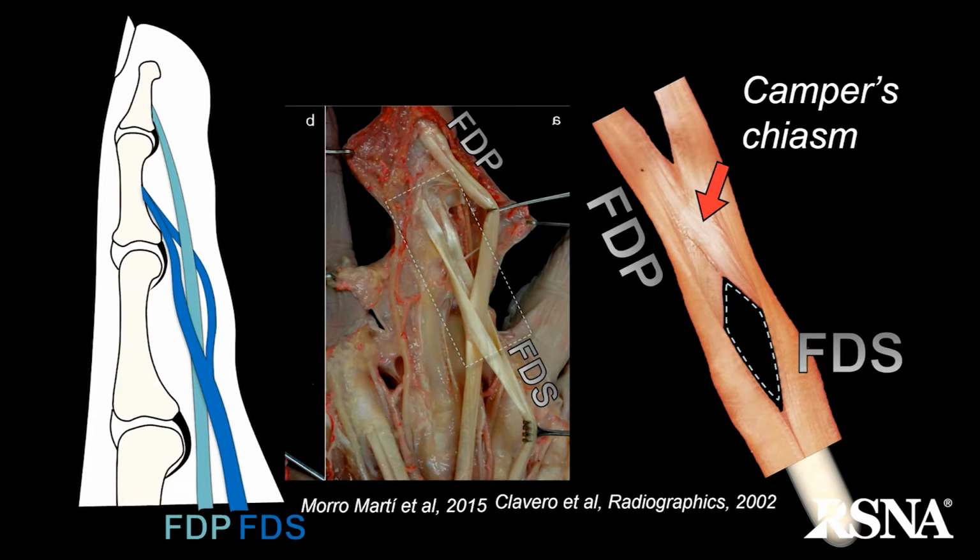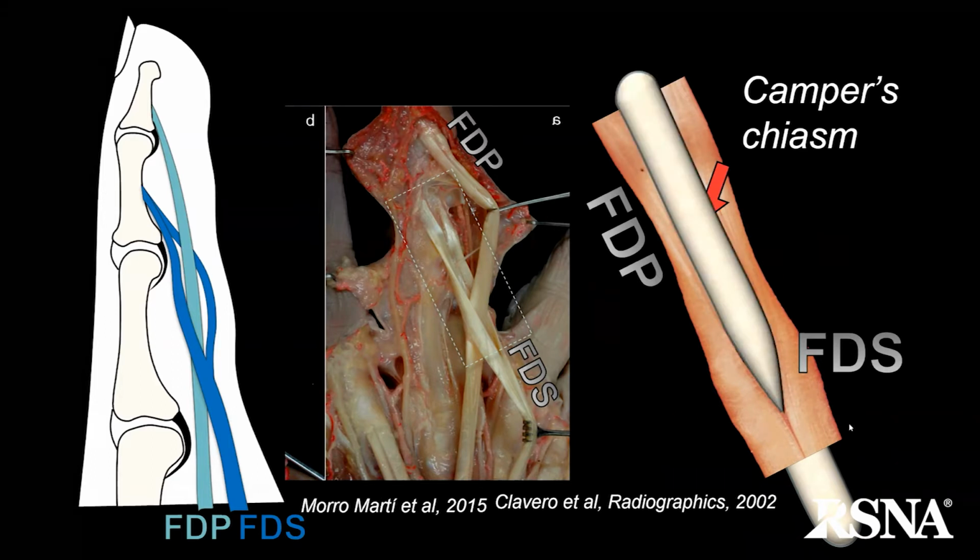And there is also a delicate interplay between the flexor digitorum superficialis and flexor digitorum profundus. You see how flexor digitorum superficialis splits and then reunites at the structure we call Camper chiasm, and then flexor digitorum profundus passes through this aperture.